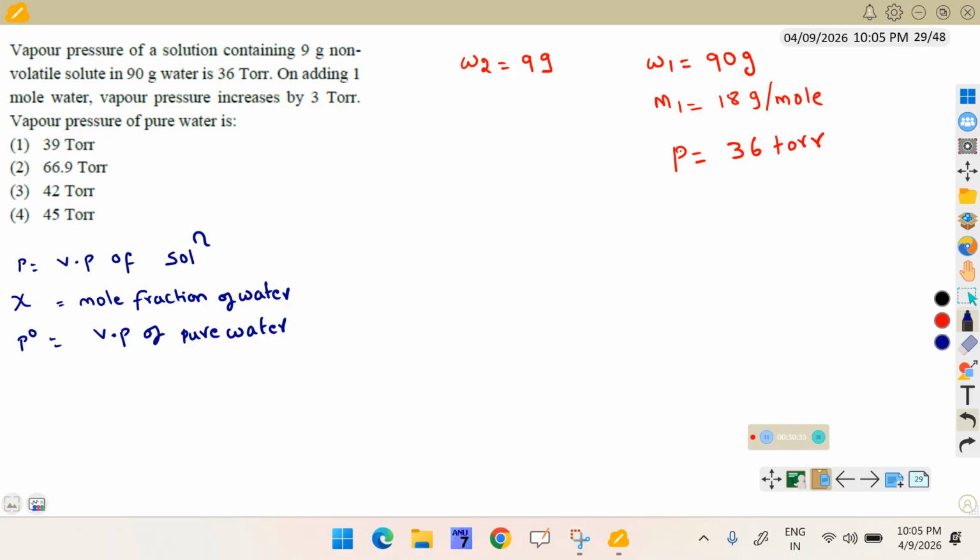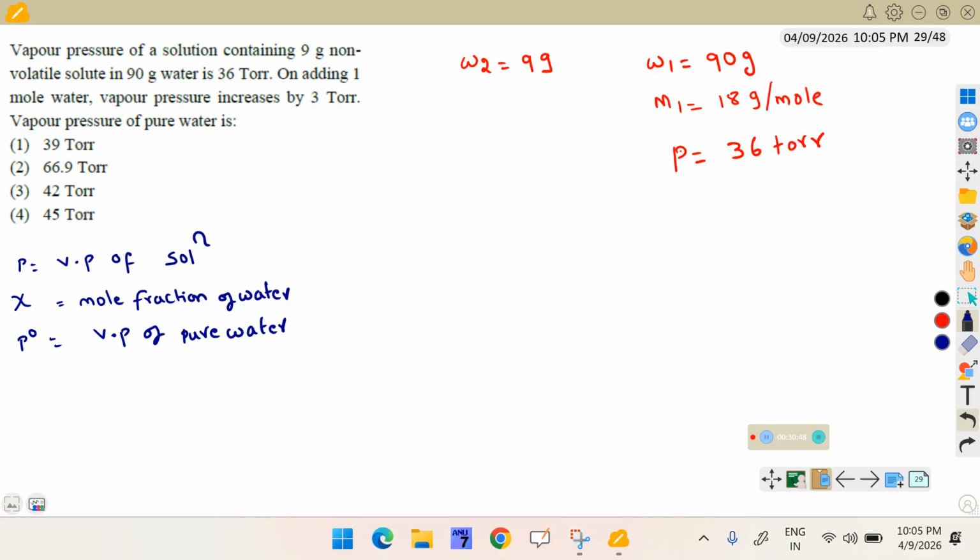The vapor pressure of a solution containing 9 grams of non-volatile solute in 90 grams of water is 36 torr. On adding 1 mole of water, the vapor pressure increases by 3 torr.